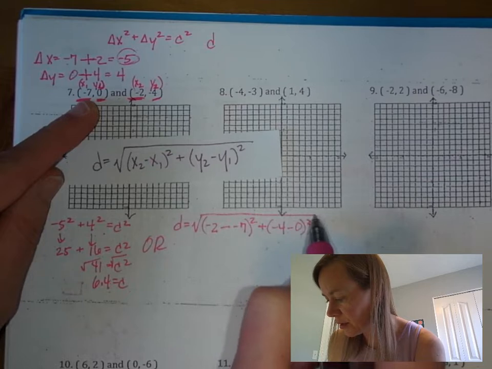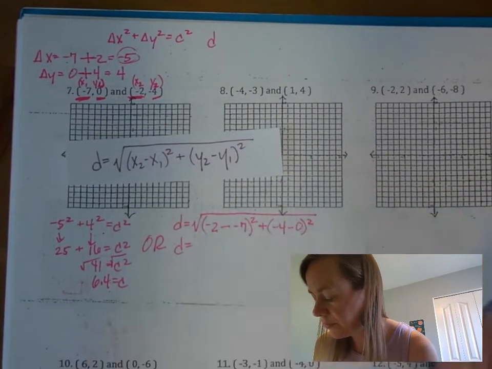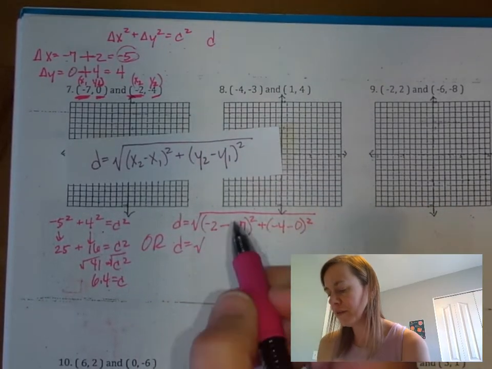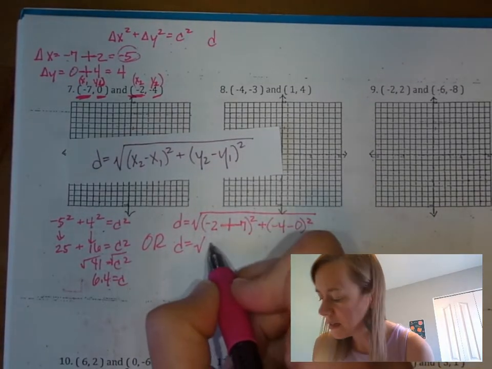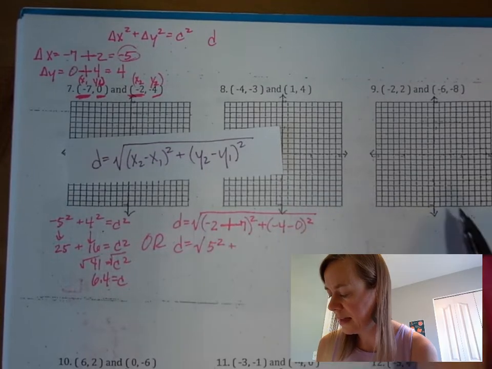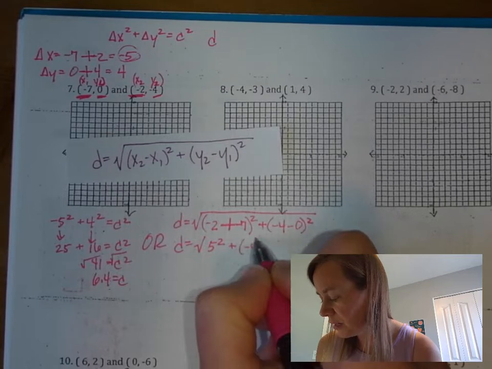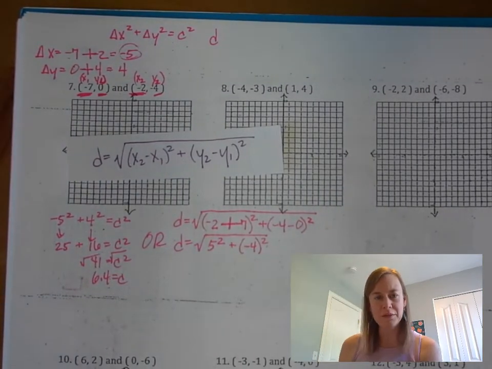And let's continue our square root radical all the way over the top. And let's simplify. Distance equals, so -2 plus 7, because those two negatives turn into a positive, is going to give us 5 squared. Now let's do -4 minus 0. That's still -4, right? So -4 squared. Finish out your radical there.